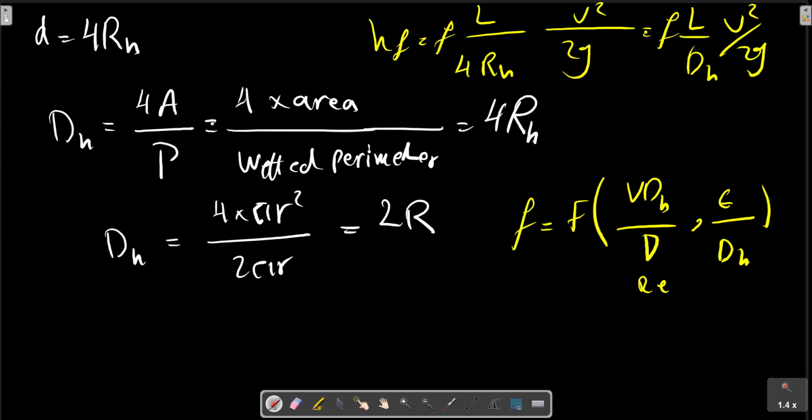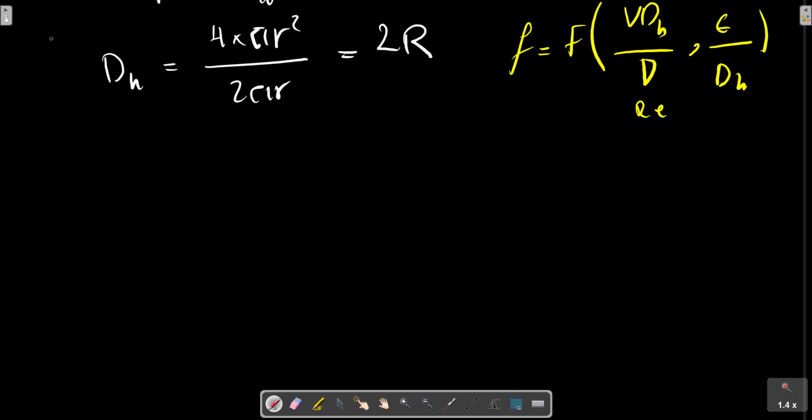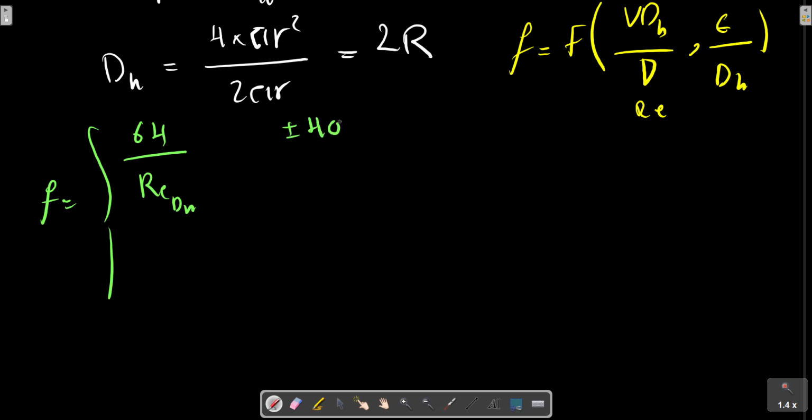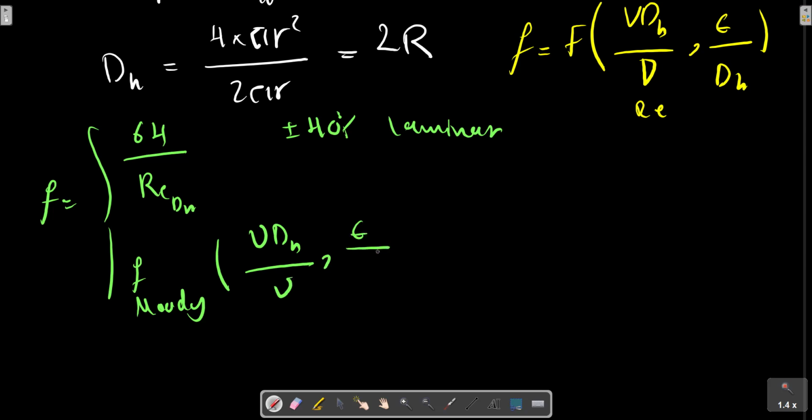And it does not, but it is surprisingly accurate with this relation, which says that for non-circular ducts, the friction factor can be computed from this relation in D_H if the flow is laminar, and for turbulent flow we can use the Moody diagram with the values of Reynolds number and epsilon on D_H, with 15% error.